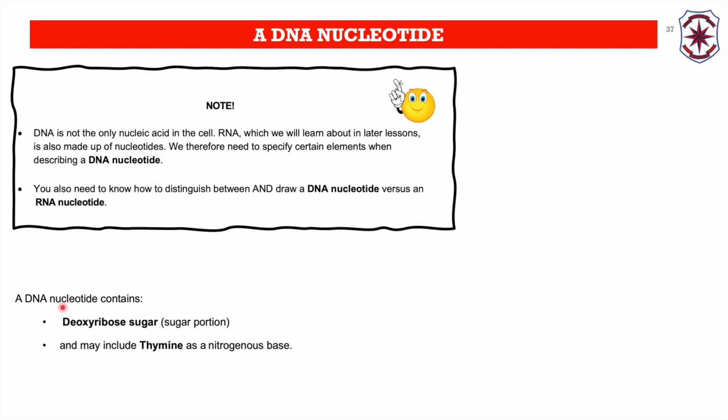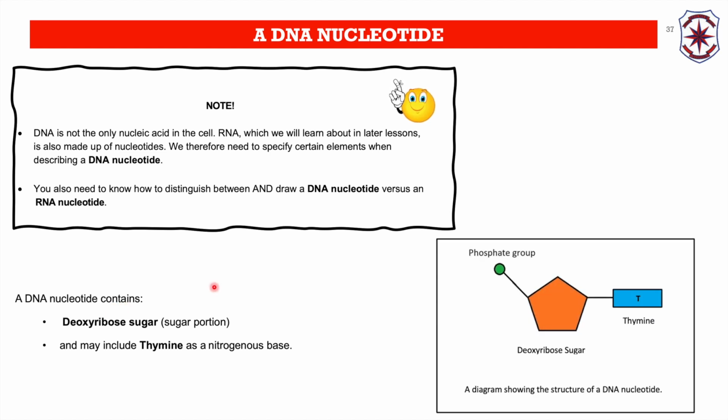All right? So a DNA nucleotide would contain a phosphate group, okay, as one of its components. And on its sugar portion, you must specifically say deoxyribose sugar when you are describing a DNA nucleotide.